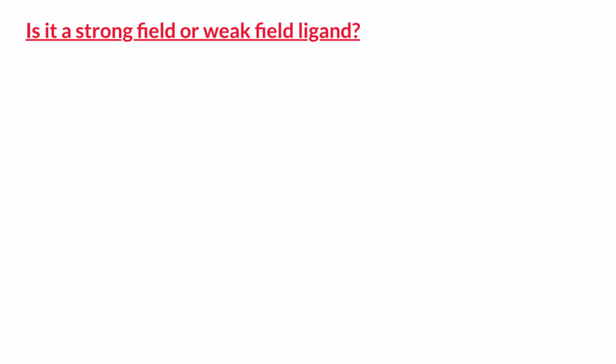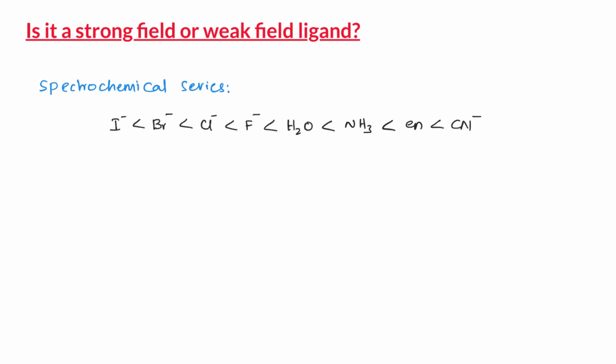Next, let us discuss how to determine if a given ligand is a strong field or weak field ligand. This can only be determined experimentally. We have earlier seen the spectrochemical series, that is, ligands arranged in the order of increasing crystal field strength.